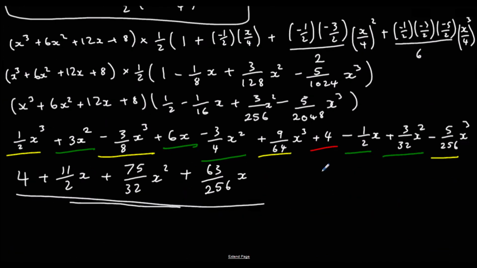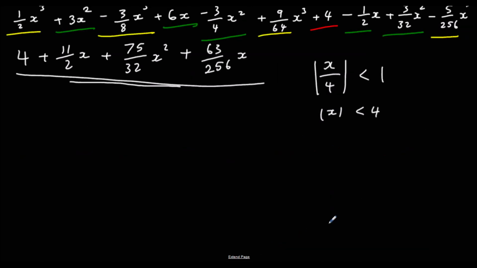So it's valid when the mod of x over 4 is less than 1. We can multiply both sides by 4 and say mod x is less than 4. So x is anything between negative 4 and positive 4.